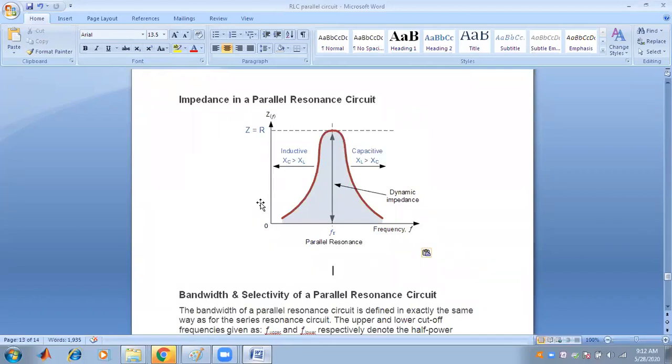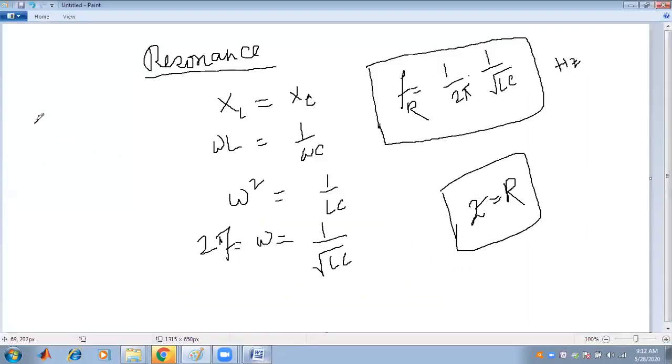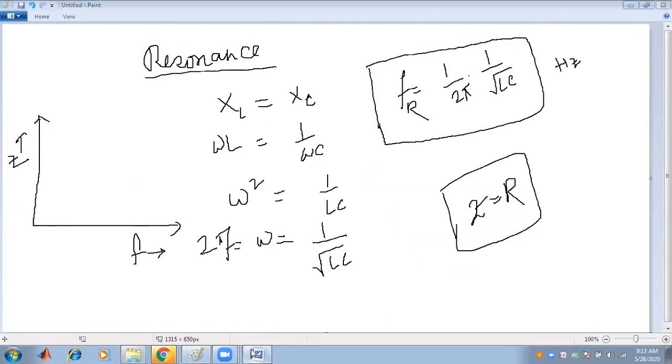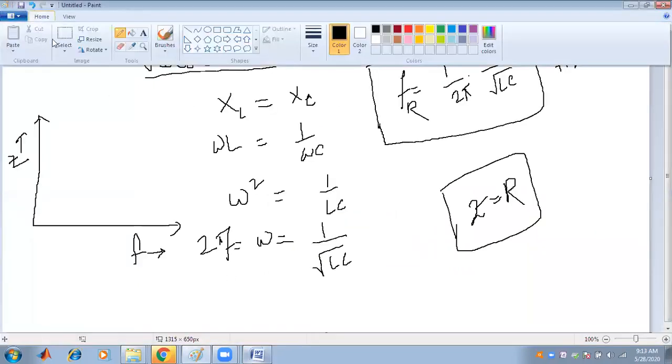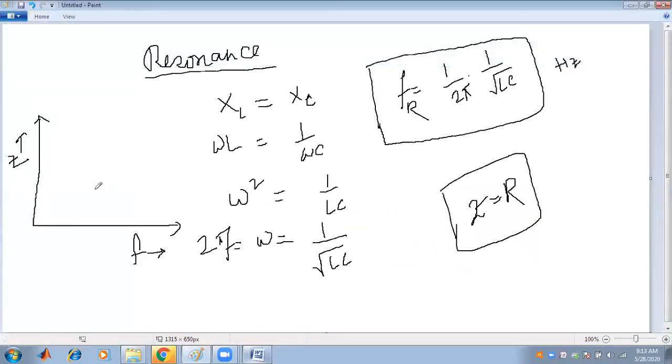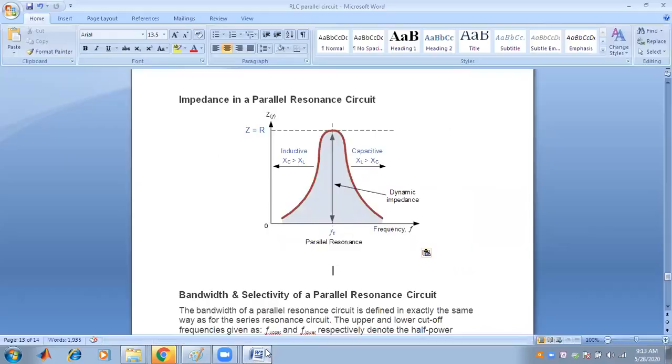If I draw the graph between the frequency in hertz and the Z value in ohms, the graph will be like this, and this portion is known as Z equal to R. A perpendicular line is dropped down to the frequency axis.